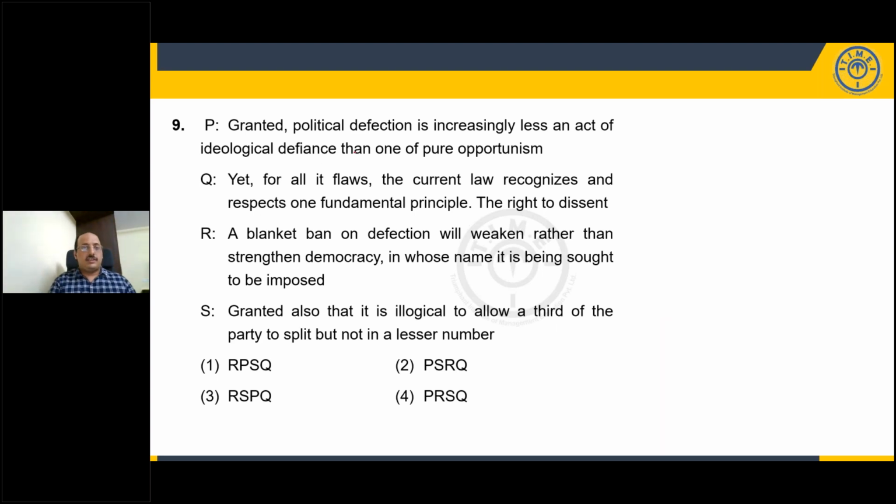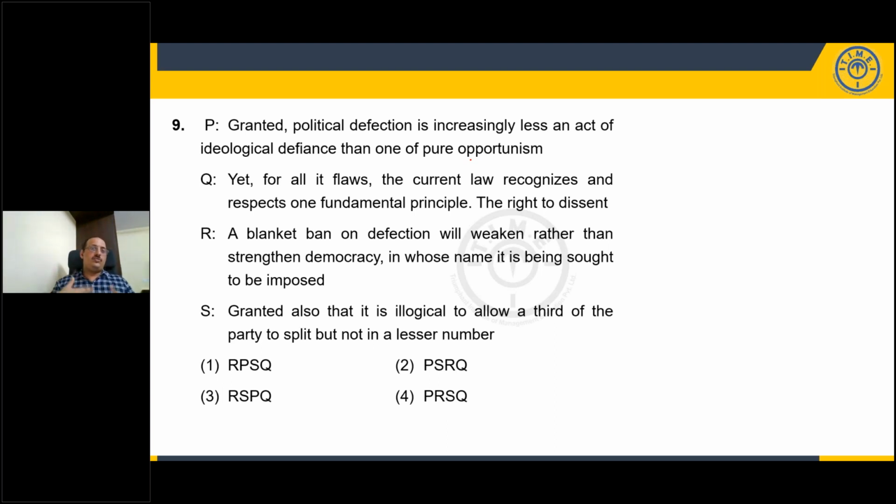Okay. So granted political defection. Defection is leaving one country and going to the other. Is increasingly less an act of ideological defiance. Defiance is standing against somebody than one of pure opportunism. Opportunism is being selfish, taking the opportunity and doing something.